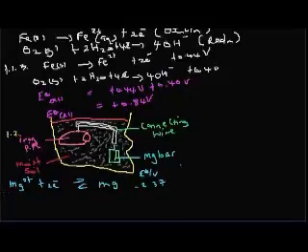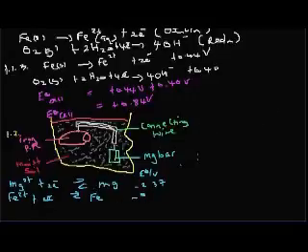Iron 2+ plus 2 electrons gives us iron, and that one is minus 0.44 volts. As we can see, both of these reactions are reduction reactions, because we are adding electrons there.